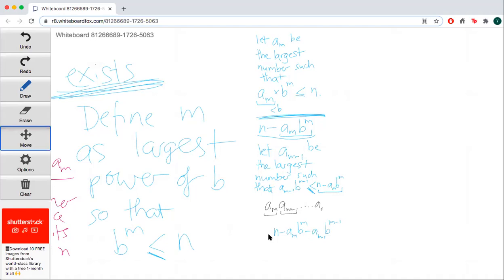So the next step is let a_{m-2} be the largest number such that a_{m-2} b to the m minus 2 is less than or equal to this.